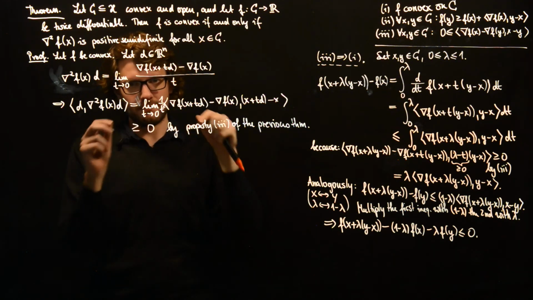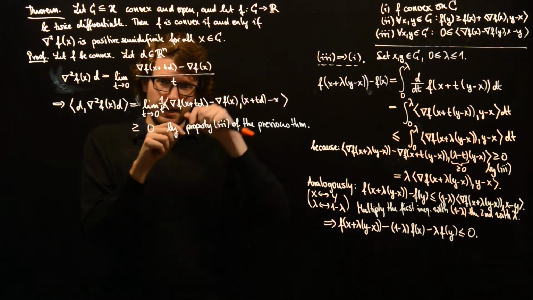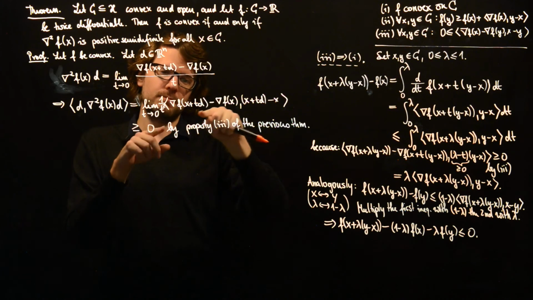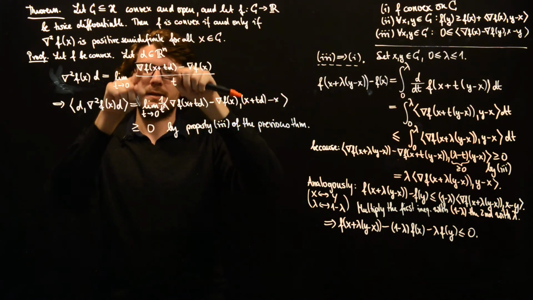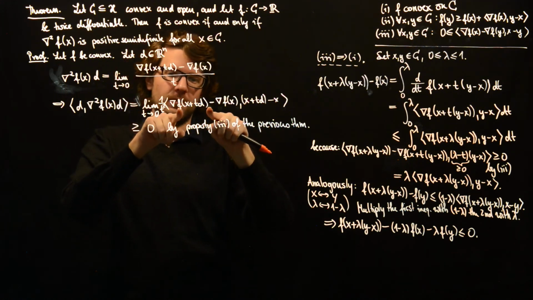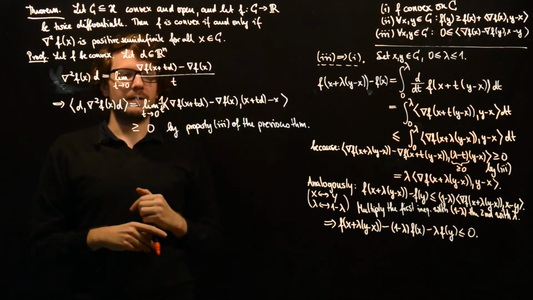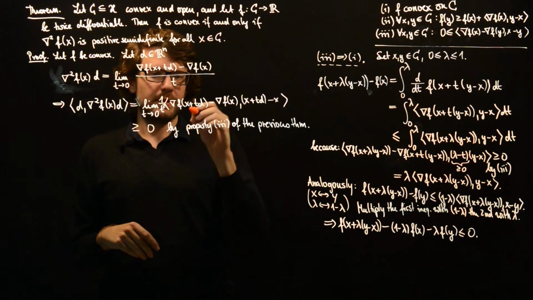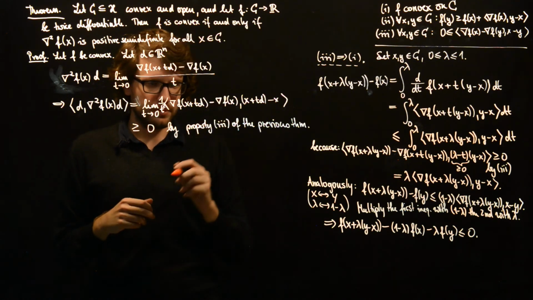So since the set C is open, we can go some small step in every direction. So we can actually take t small enough such that for any d, x plus td is still in the set C. Therefore, the property that C is open is important.